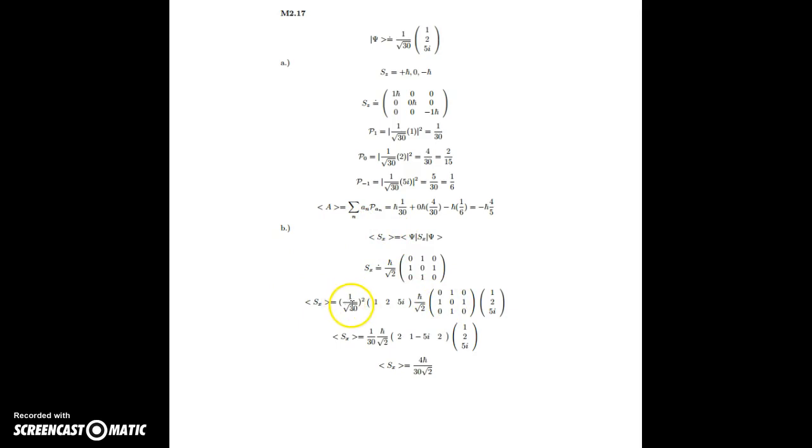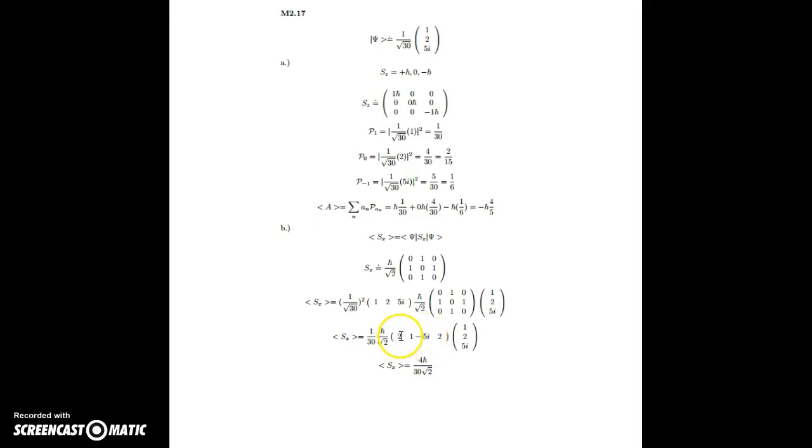And then now it's just matrix multiplication and also scalar multiplication. So I moved the h bar over square root of 2 out here. Then I multiplied this vector times this matrix times this matrix, and this was the result.